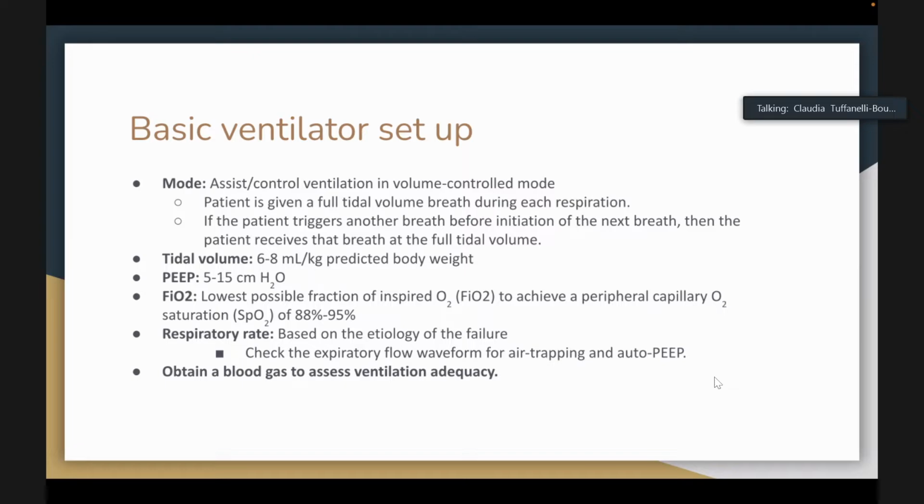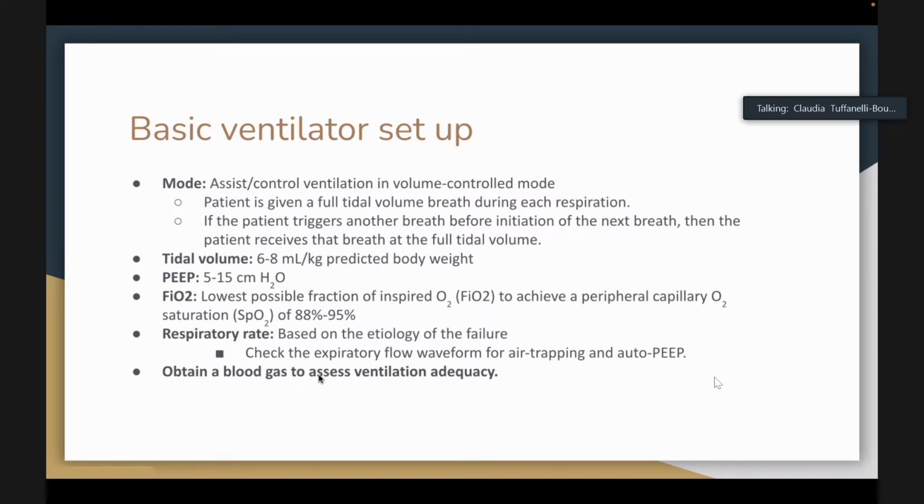Decreasing the rate increases the amount of time the patient has to exhale. So in asthma and COPD, you get air trapping. Lowering the respiratory rate increases the amount of time the patient has for expiration and getting rid of that air, so they don't start trapping air and causing lung damage or pneumothorax or other complications.